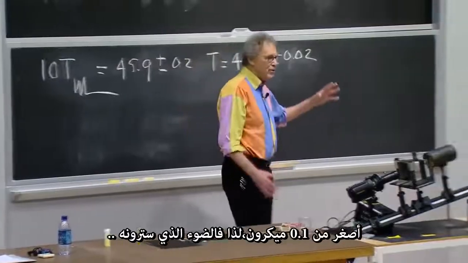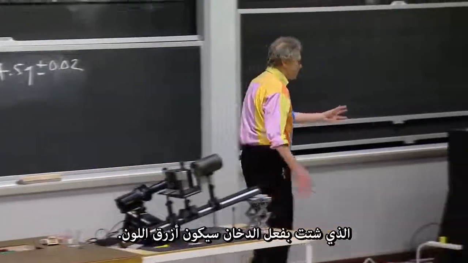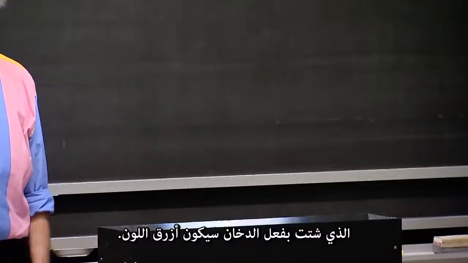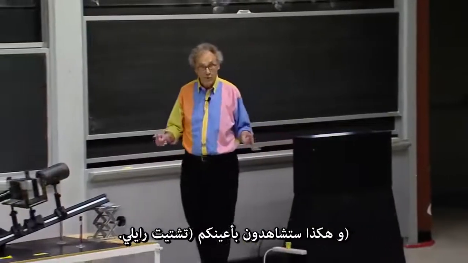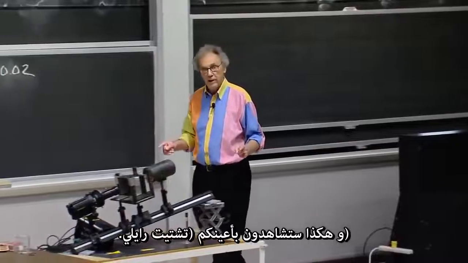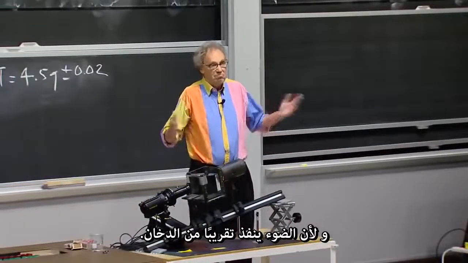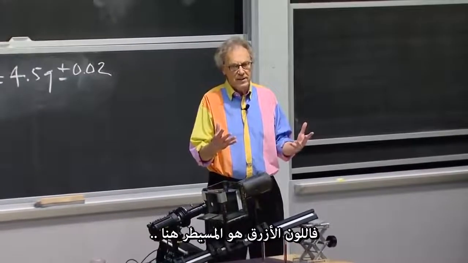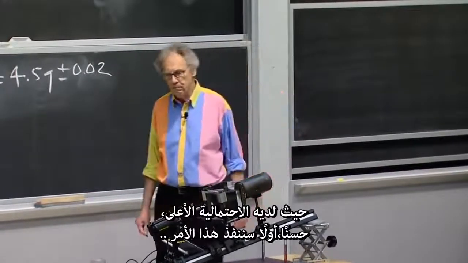And so the light that you will see that is scattered off the smoke will be blue. So you have seen in front of your own eyes Rayleigh scattering, because the red light more or less goes through. It is really the blue that dominates it, that has the highest probability.